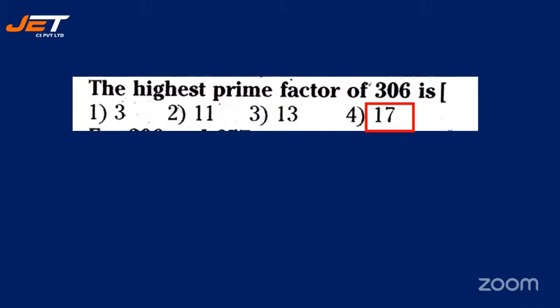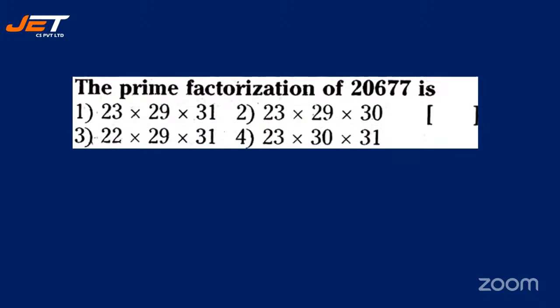It is 17, because 306 goes in 17. All right, so if you've given me option 4, then your answer is right. Jashu, Raghu, Nikita, Sushila, many of you have given me the correct answers. Good. See the next question.